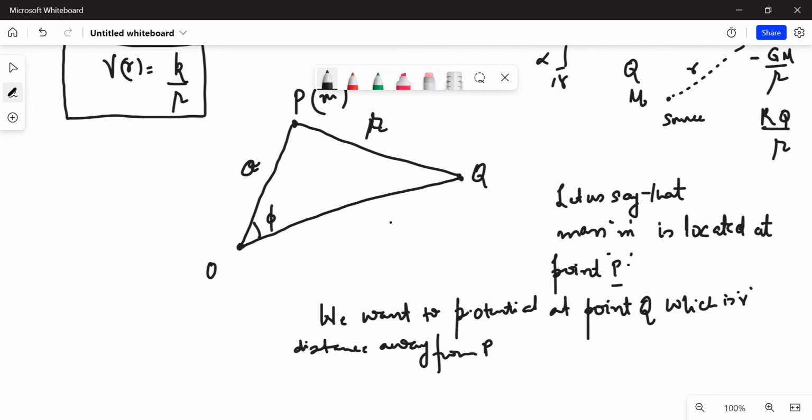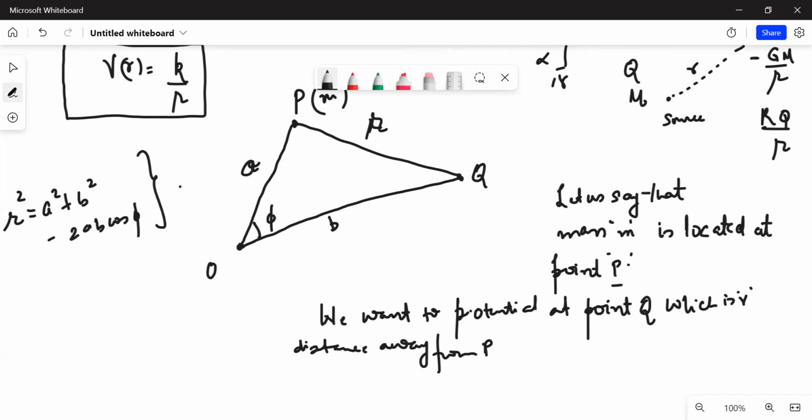And from the law of cosines, it is quite clear that this distance is R, and this particular distance is OQ. Let's say this is B. So instantly you know that R square is equal to A square plus B square minus 2AB cosine of phi.